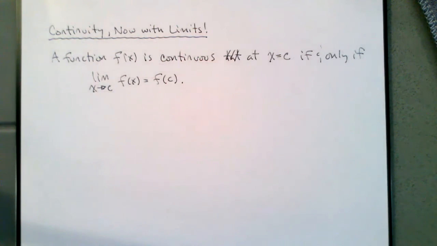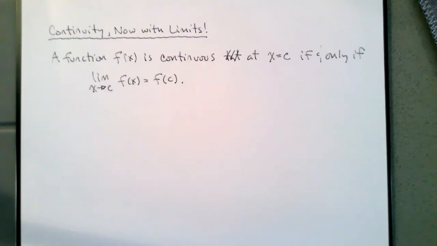A function f of x is continuous at x equals c if and only if the limit of f of x as x approaches c is equal to f of c.